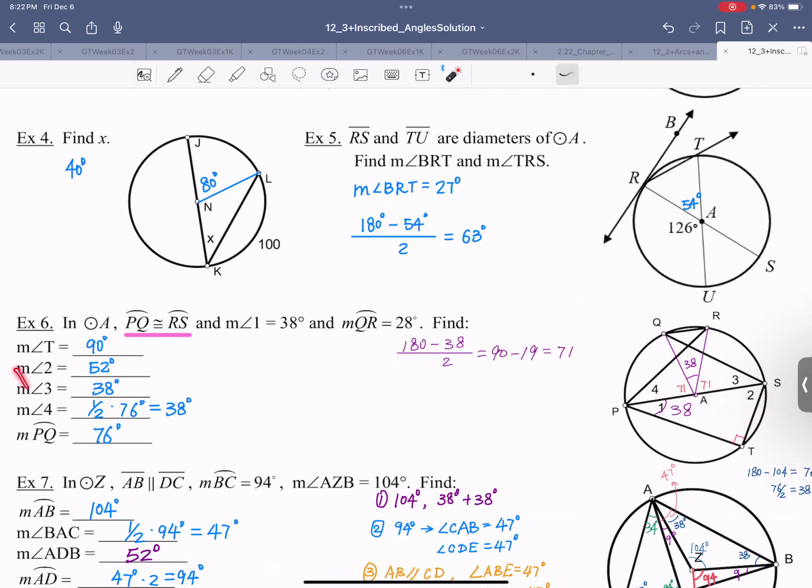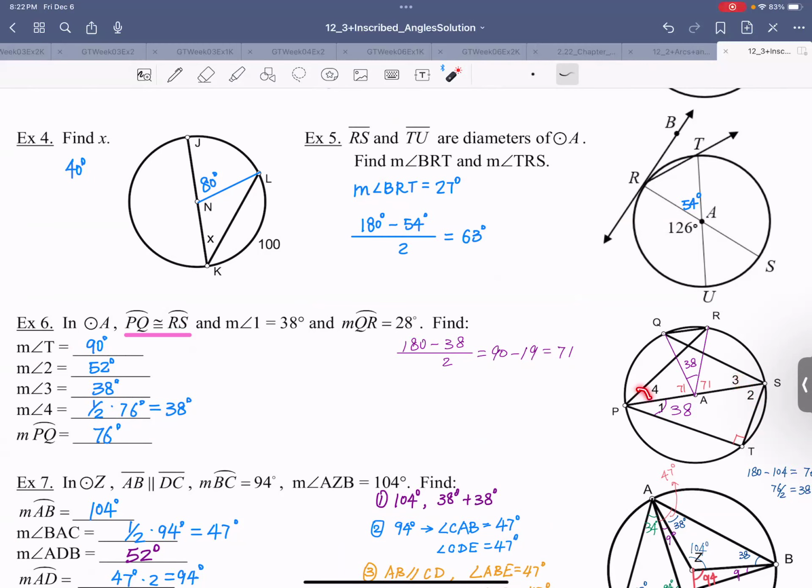Next question, ask angle 2. Angle 2 is here. This is 90. This is 38. This will be 52. Good.